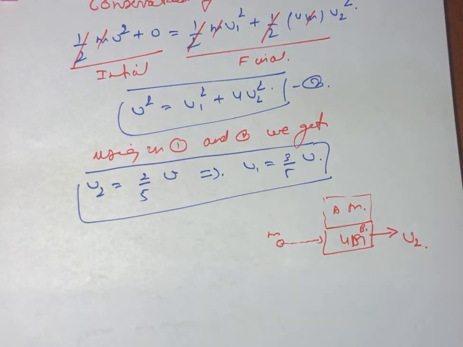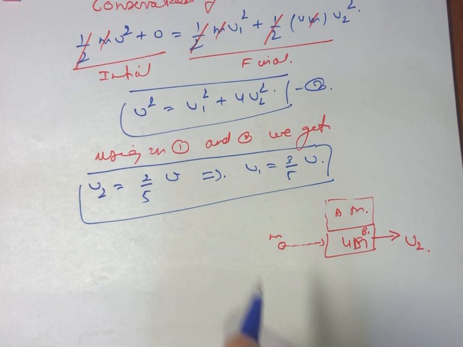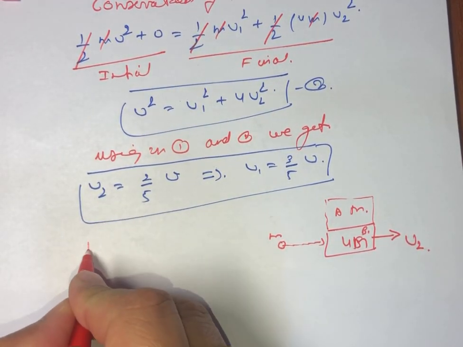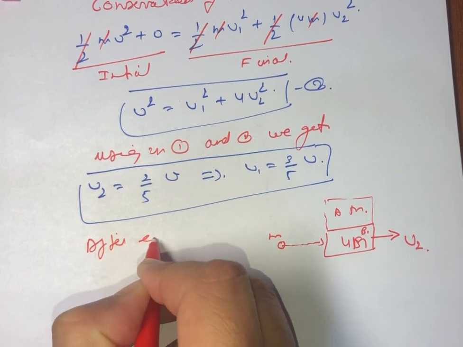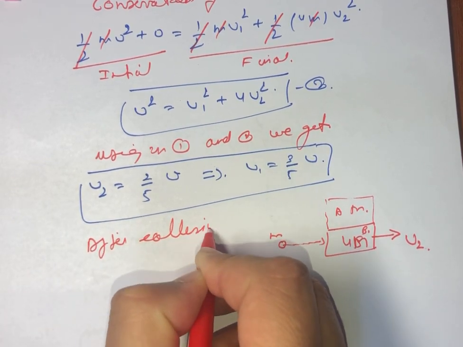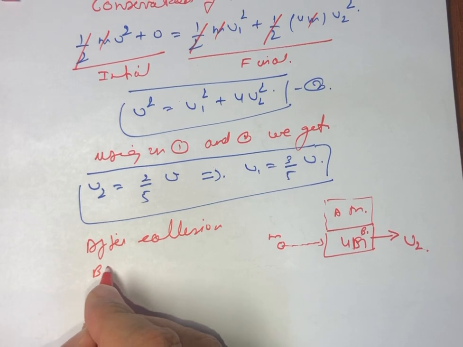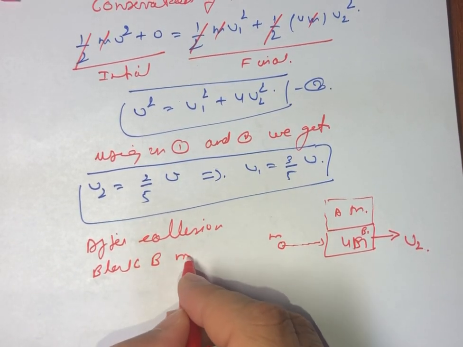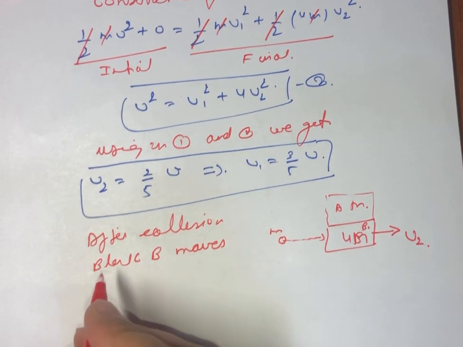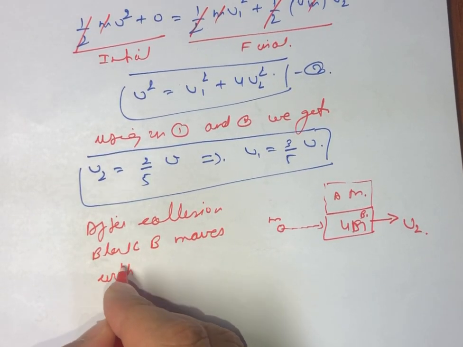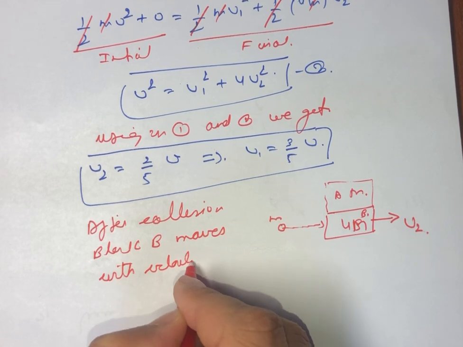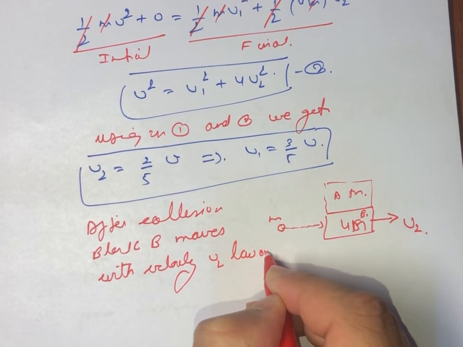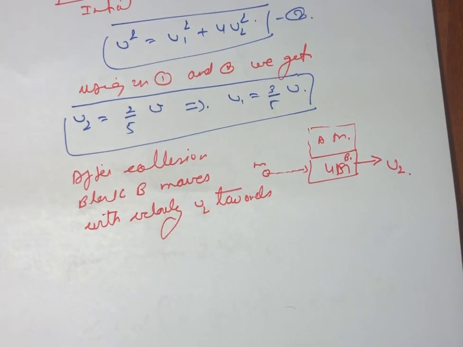You can write it that after collision, block B moves with velocity v2 towards right.